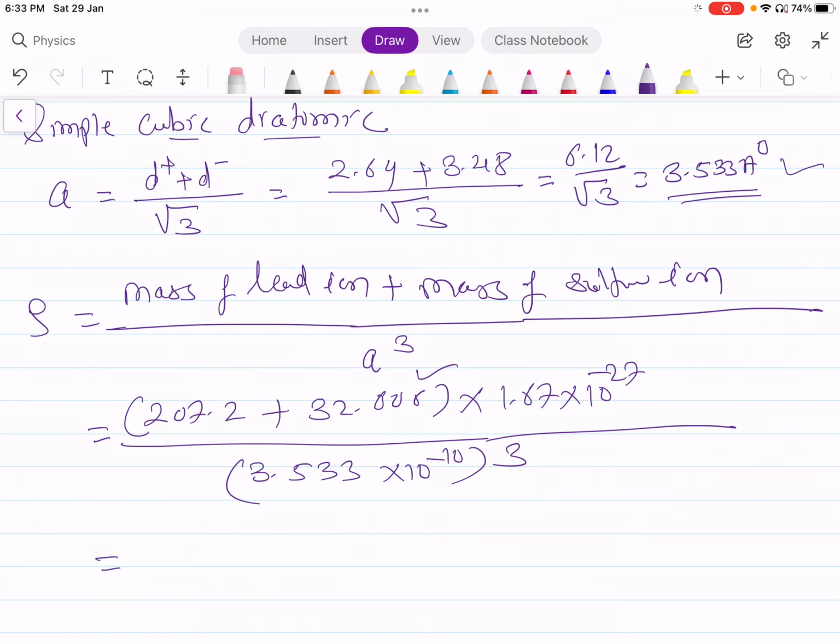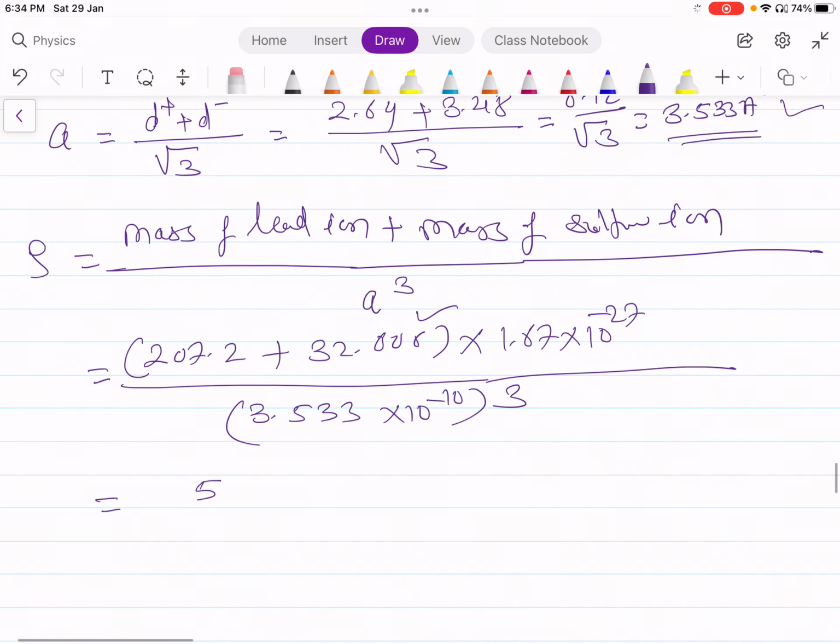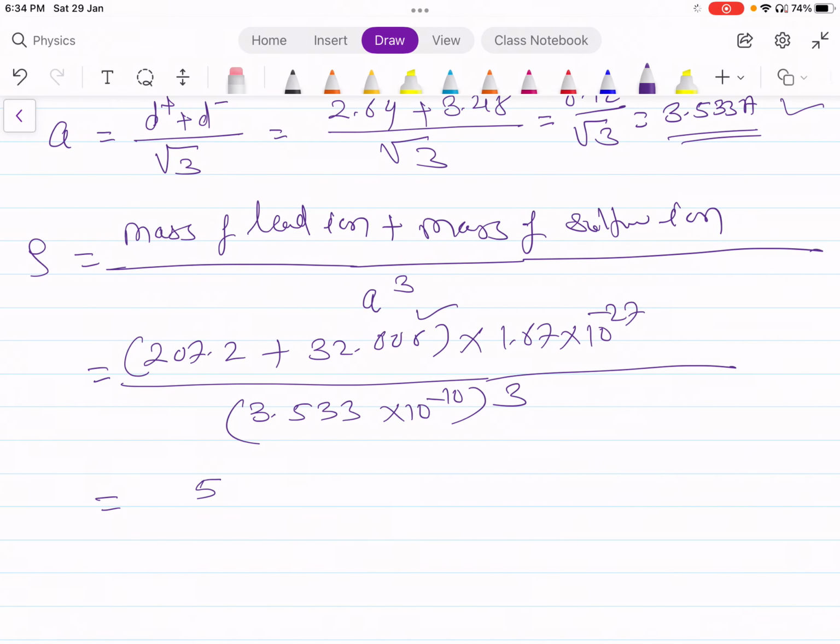So let us do the addition. Let me do the calculations for this.